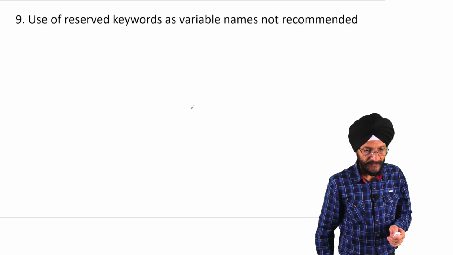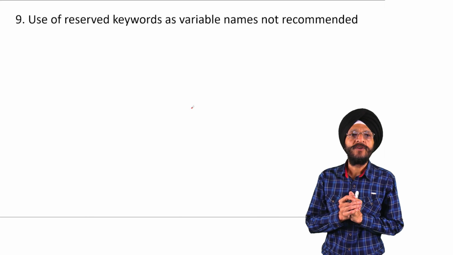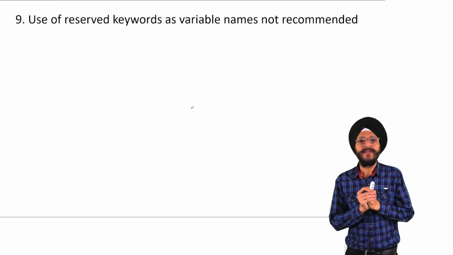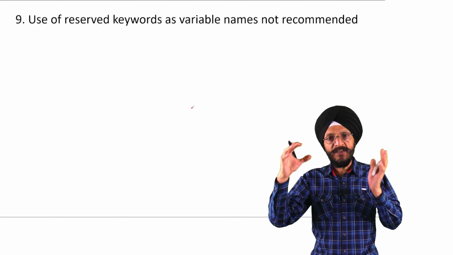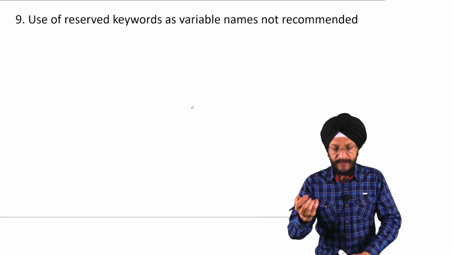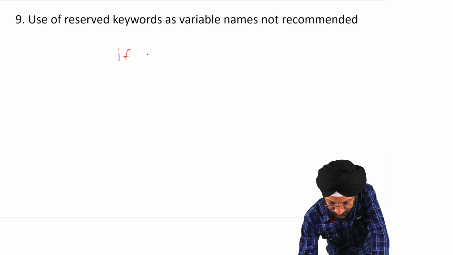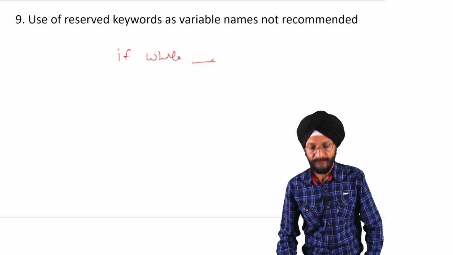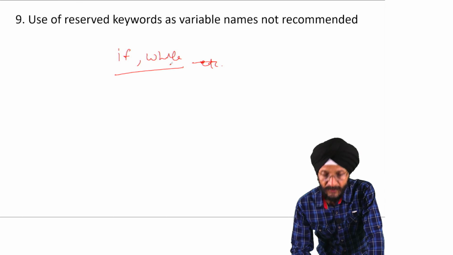Next, use of reserved keywords as variable names is not recommended. There are certain keywords which are reserved in Python. They have special meanings in Python. Some of the reserved keywords in Python are if, while, etc. There are many keywords.